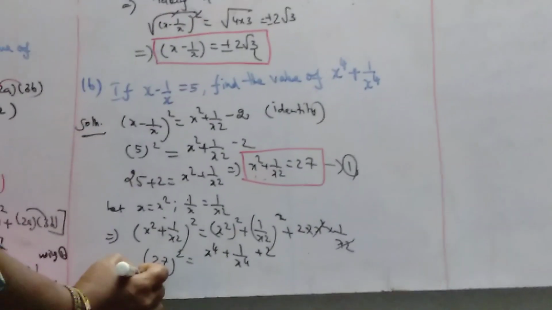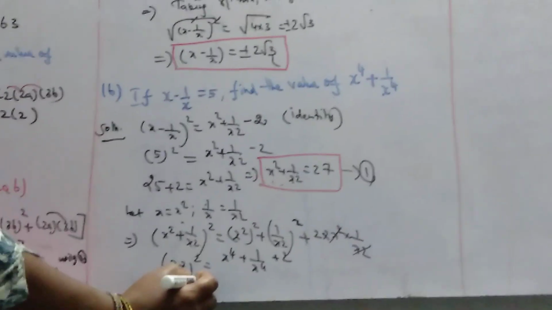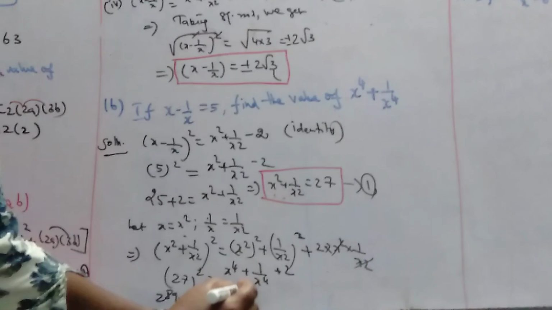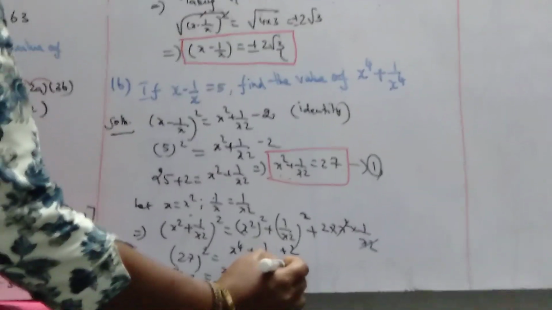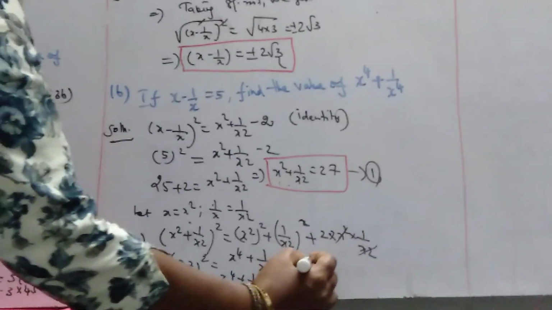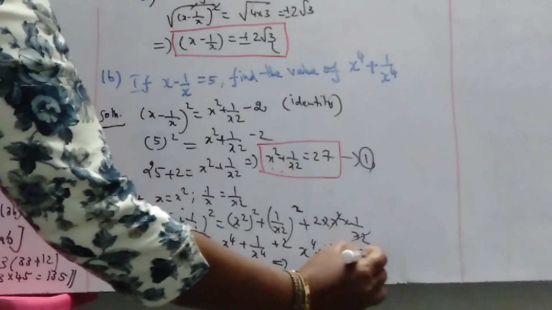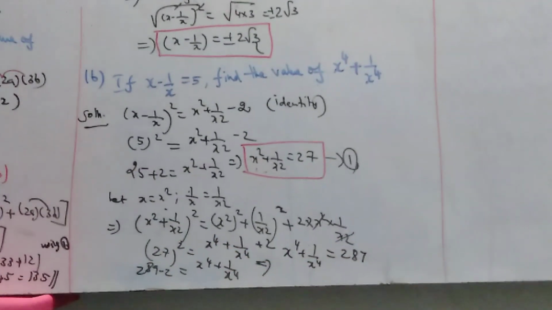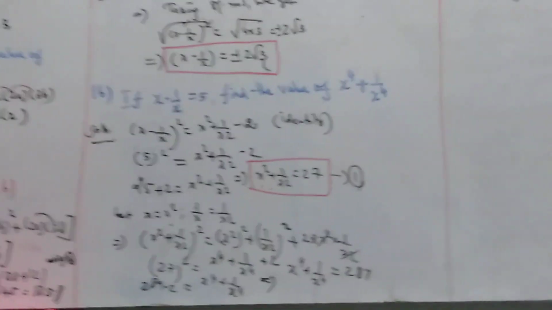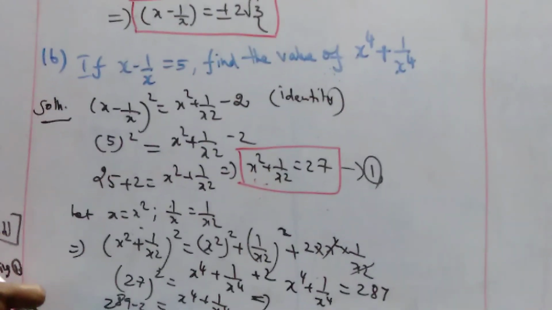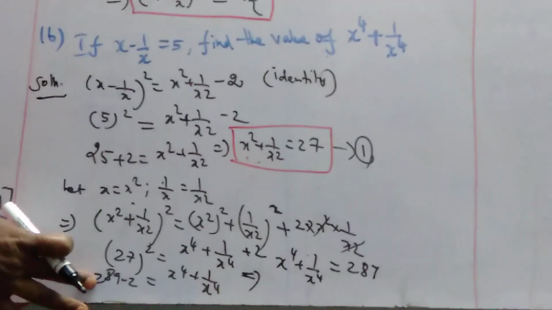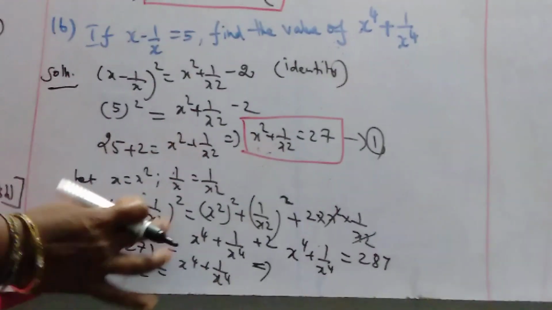Which is 289 minus 2, equal to x power 4 plus 1 by x power 4. So x power 4 plus 1 by x power 4 equals 287. Wait, I thought this was 17, but it is 27 square.